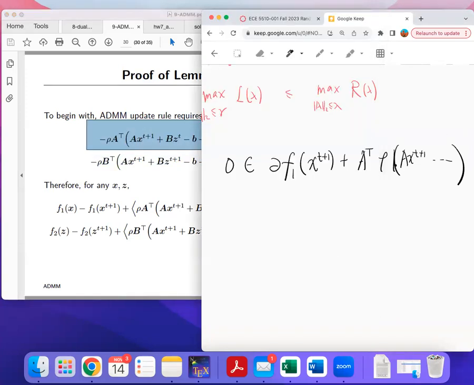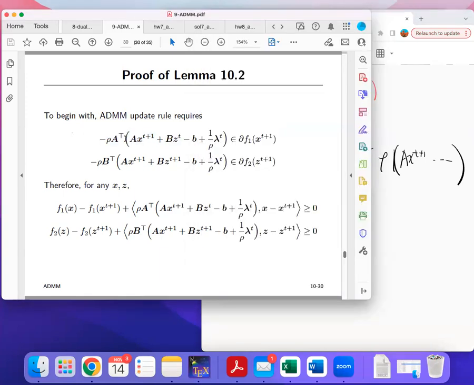You move this term to the left-hand side, so you have negative rho times A transpose times this big term belongs to the subdifferential of F1. And similarly for the update for z, you also have a very similar inclusion.